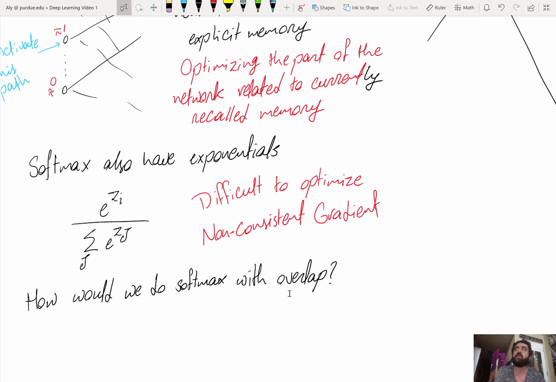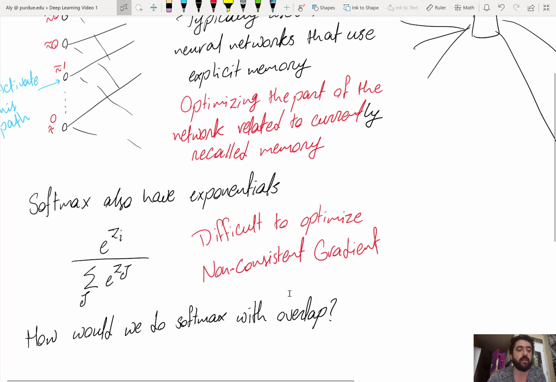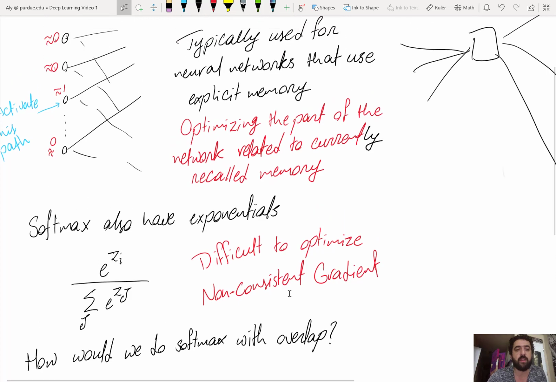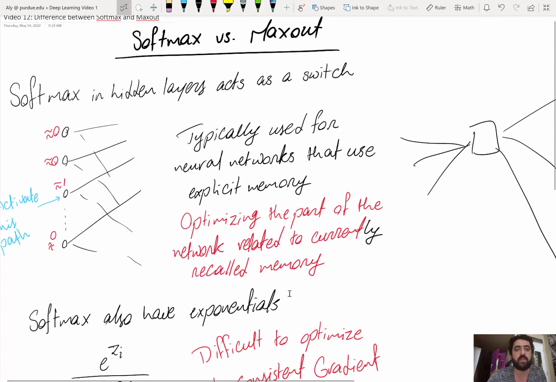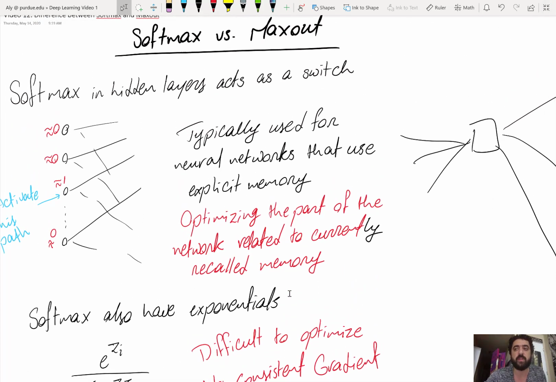For example, how to take a set of 10 units, apply softmax on them, and take only a subset of them with another subset of other units, and apply softmax on that subset. So these are basically the major differences between softmax and maxout as hidden layer activations. Thank you.